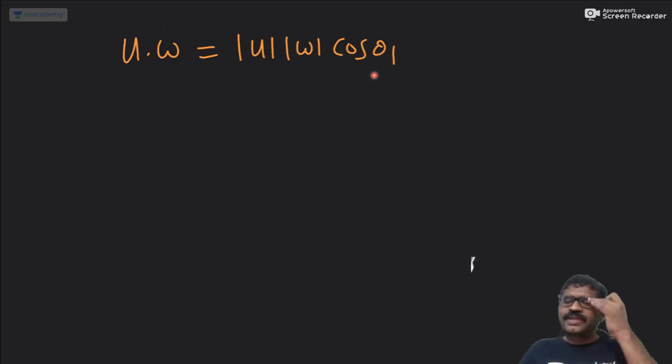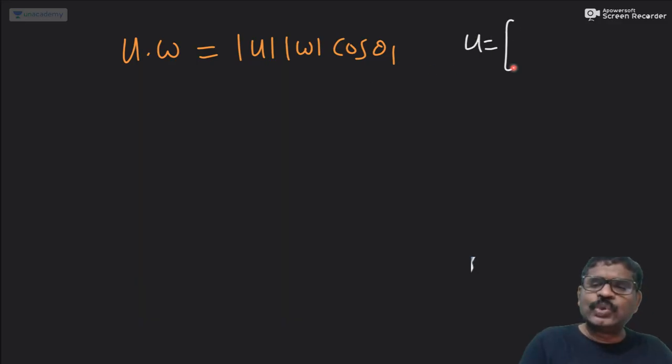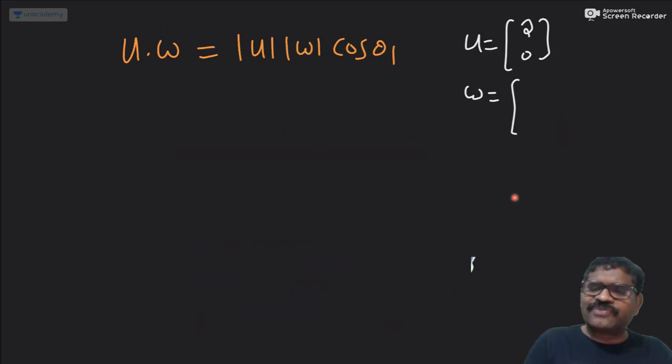Now, the dot product of two vectors is a formula: U bar dot W bar equal to mod U bar into mod W bar into cos theta 1. Okay. Now, sir, what is U? I have already given. U is 2, 0. What is W? Just now we have calculated, 2, alpha.